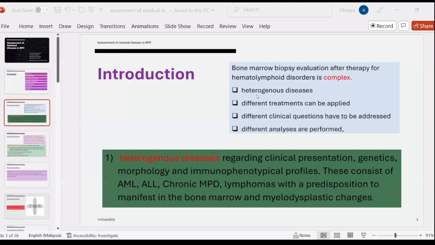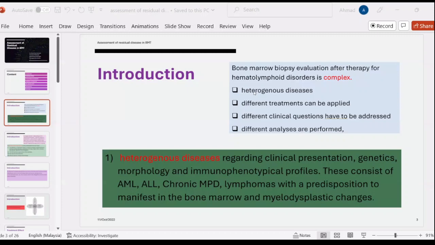Assessing bone marrow post chemo is quite complex, and that complexity comes from heterogeneous disease. Heterogeneous because we know that you have acute myeloid, acute lymphoid, chronic MPD, lymphoma.